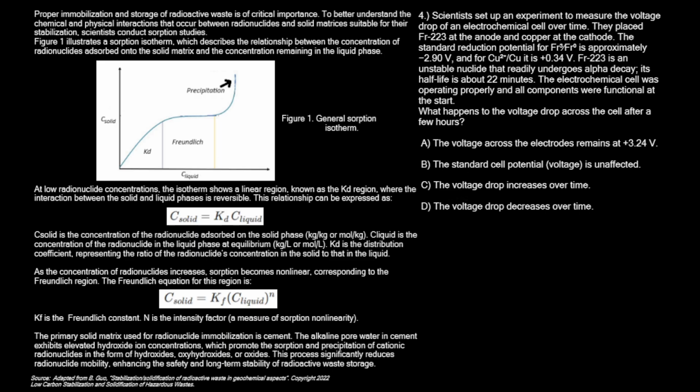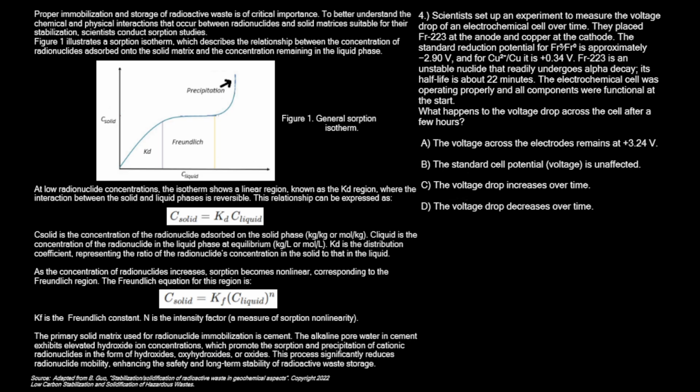Francium-223 is an unstable nuclide that readily undergoes alpha decay. Its half-life is about 22 minutes. The electrochemical cell was operating properly and all components were functional at the start. What happens to the voltage drop across the cell after a few hours?